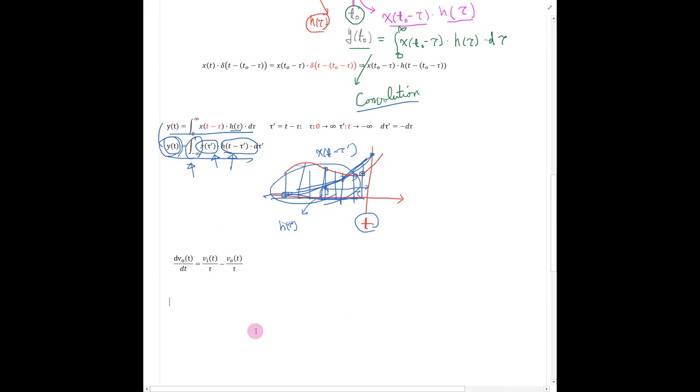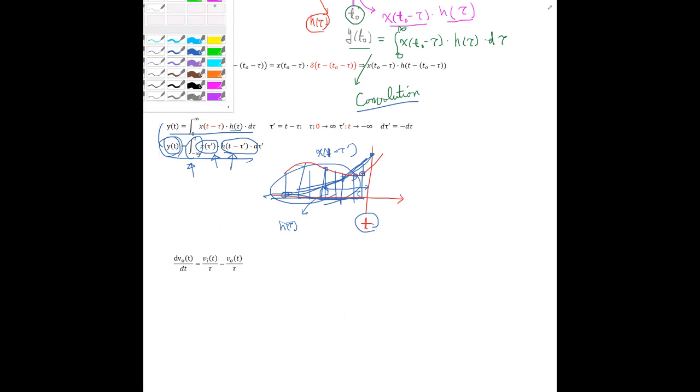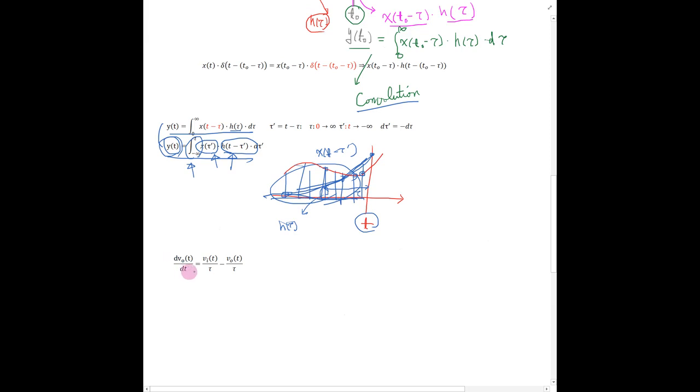This is the continuous version RC circuit.